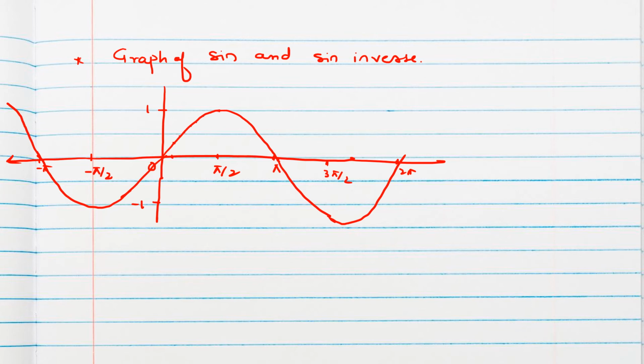And there is one horizontal line test. Horizontal line test means what? Suppose you draw a horizontal line here, so you can clearly see that these many points, suppose this is x1, any point on the x-axis, this is x2.